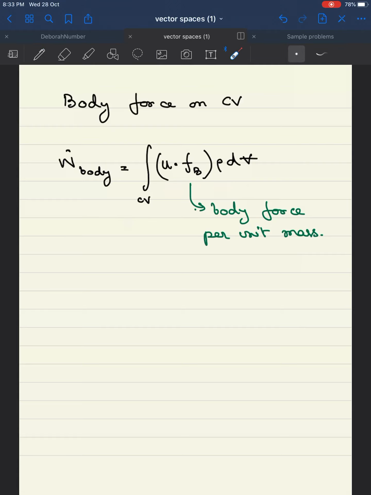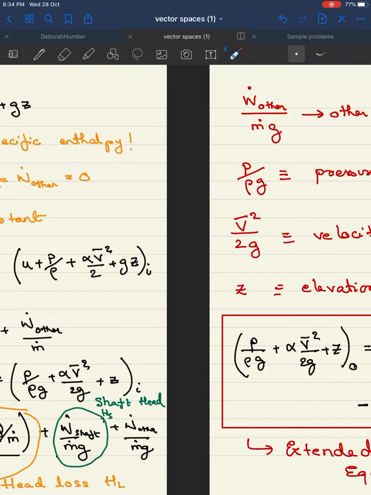So this is the net work done due to the body force in a given fluid. Okay, so you can add other terms like this and go ahead and compute this entire relationship and apply the conservation of energy.